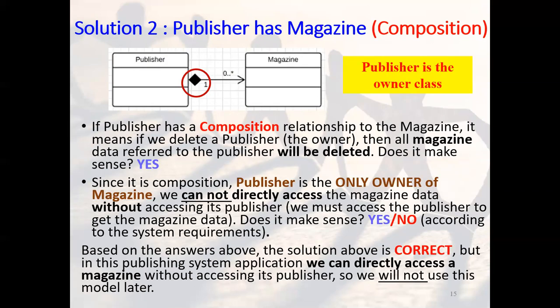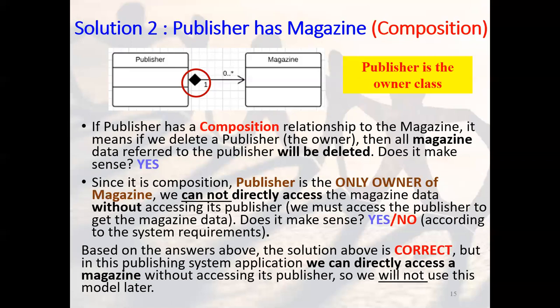However, based on accessibility in composition, we cannot access the child directly. Now, we can ask, can we access the magazine without accessing the publisher? This can be yes, can be no, depending on the requirement. The system requirements did not really tell about this one.